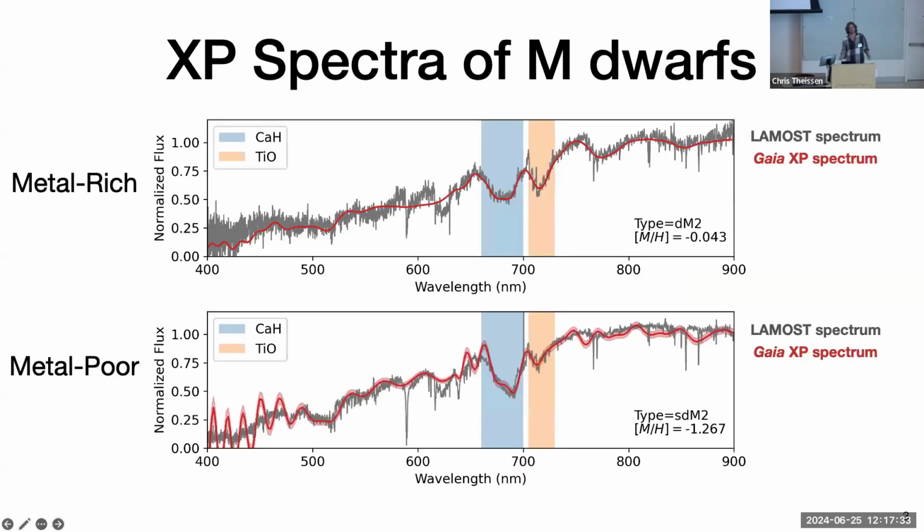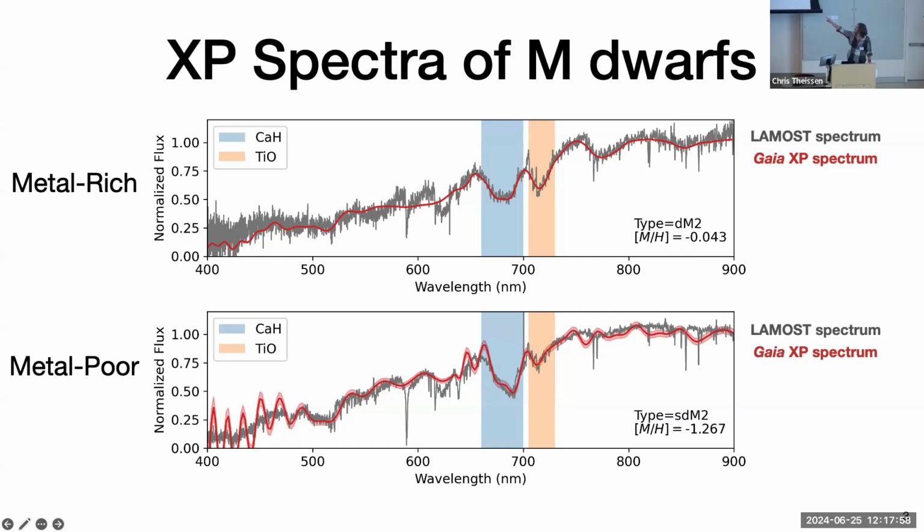Luckily, Gaia, a year ago, I don't remember, sorry, released the XP spectra. This is low resolution, with a resolving power of around 50, for 220 million stars. And these things trace out, generally, the metallicity indicators in the spectra that we usually use in these optical regimes.